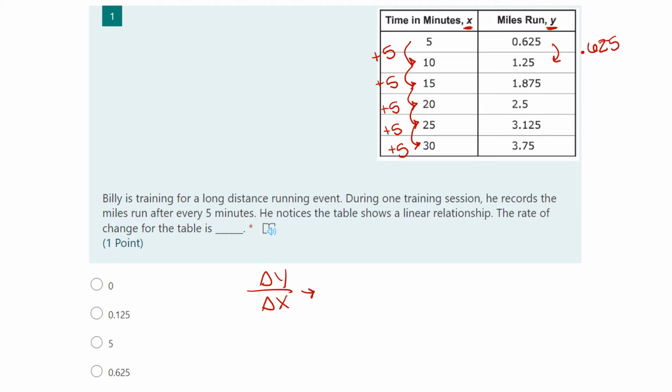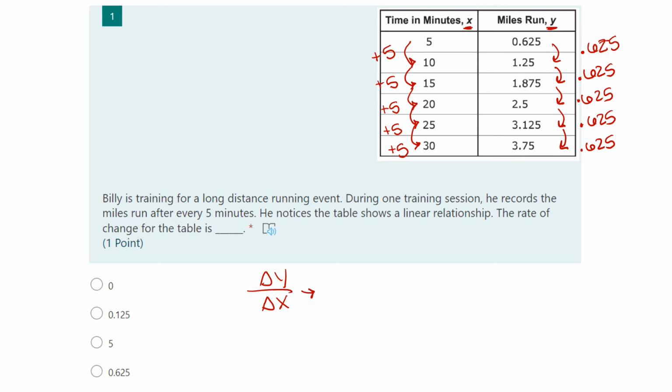If you add 0.625 and 0.625 together, you get 1.25. 0.625 added to the 1.25 would give you 1.875. 1.875 plus the 0.625 again would give you 2.5. 2.5 plus 0.625 would give you 3.125. And 3.125 plus 0.625 would give you 3.75.